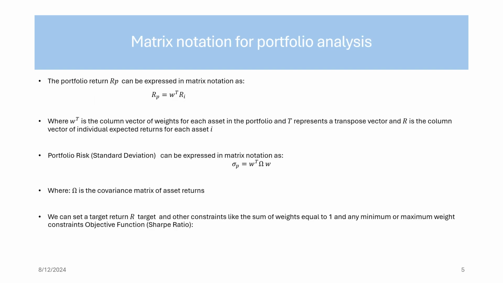So now the notation continues as we've learned from Part 1. Consider a vector of weights w, which comprises the individual weights w1, w2, up to, let's say, wn.